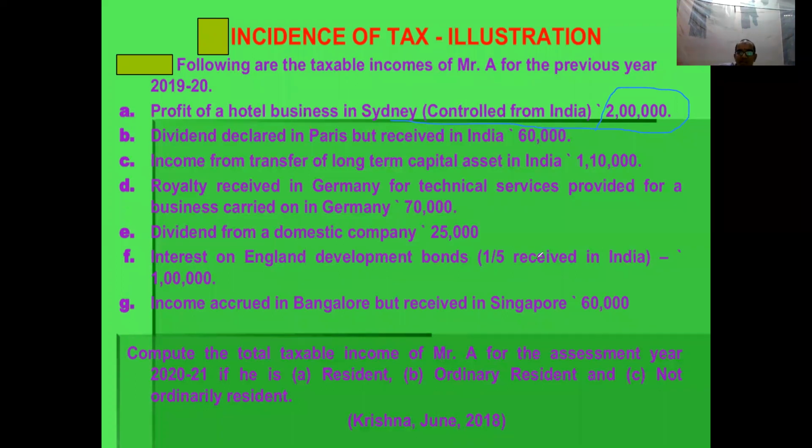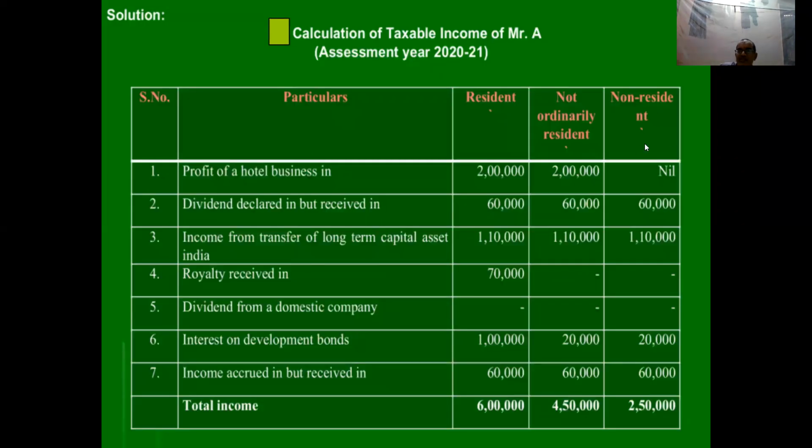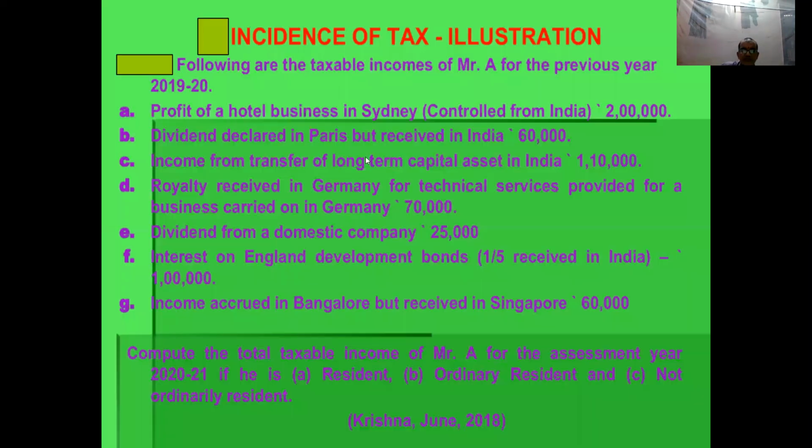But a non-resident need not pay tax because it is situated in a foreign country and the person is also non-resident. So he will not pay tax on this 2 lakh rupees. Is it clear? Did you understand? Yes, sir.